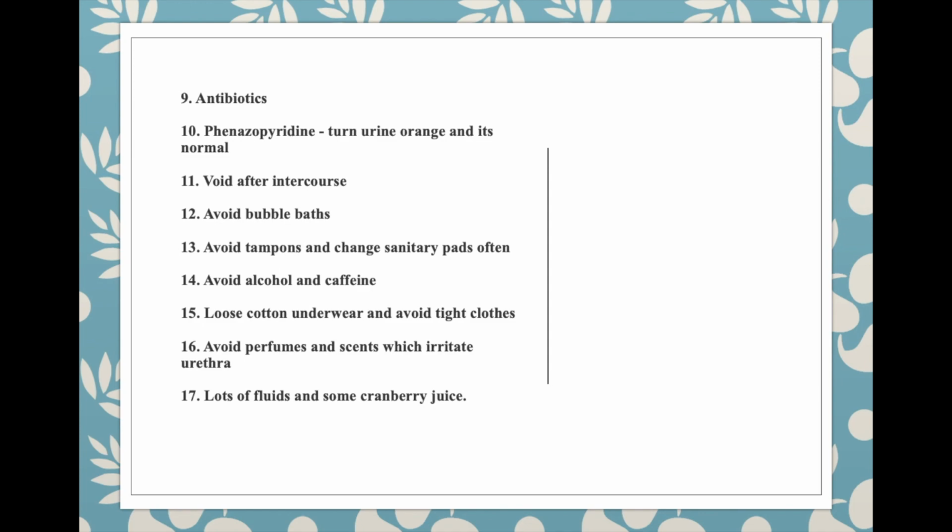But one of the things that you want to educate your patient is that their urine might be orange, and it's normal, because the first time that the patient pees, if they see orange urine and you didn't educate them, they're going to freak out and go crazy. So it's very important that if you know that a medication is going to do something, you want to educate the patient so they know when to call the provider and when not to call the provider.